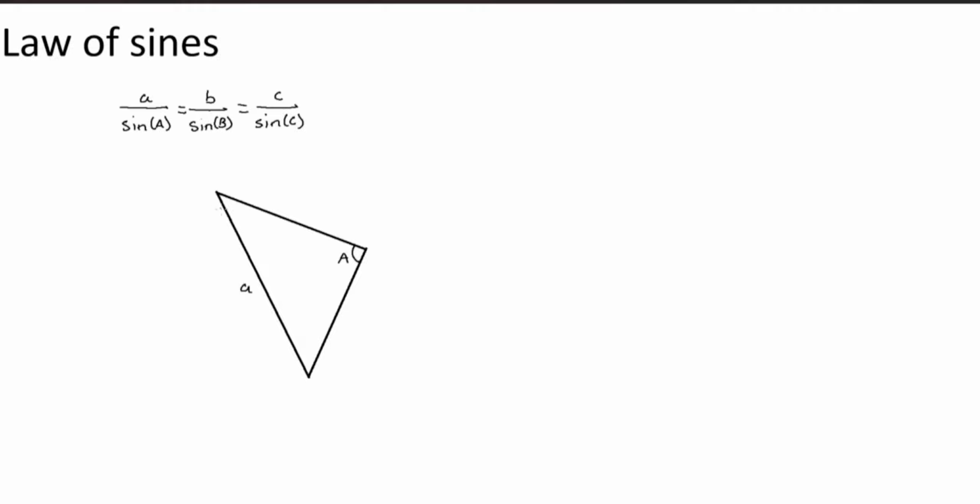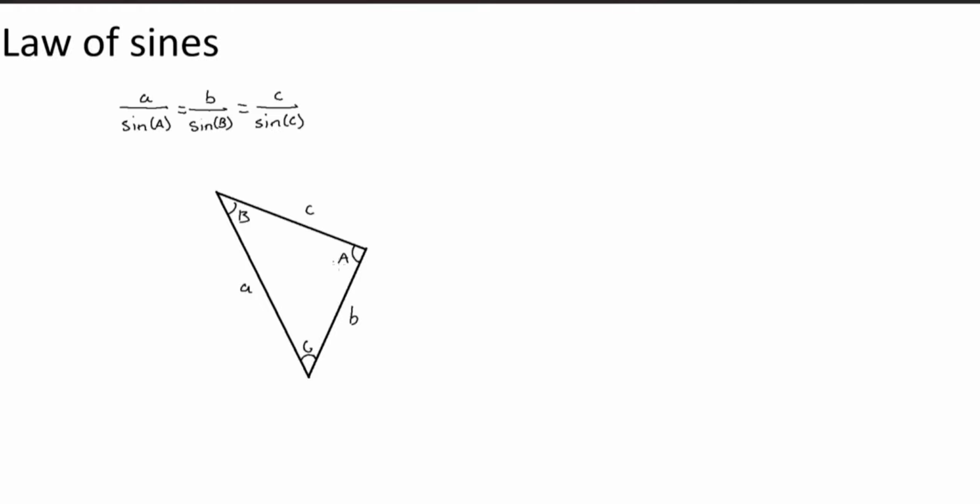Now, if this angle right here is angle B, then the opposite side of angle B, this side right here, is side B. And that means this must be the remaining angle, angle C, and the opposite side of this, the only unmarked side, is side C. So this is what the law of sines means.